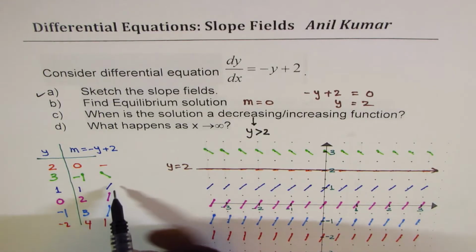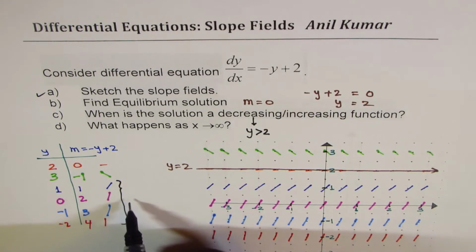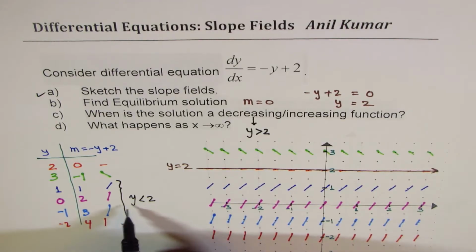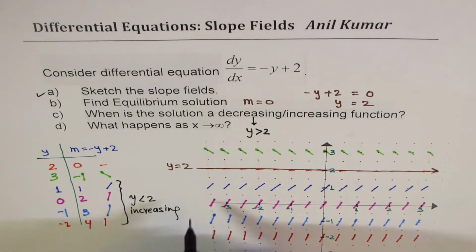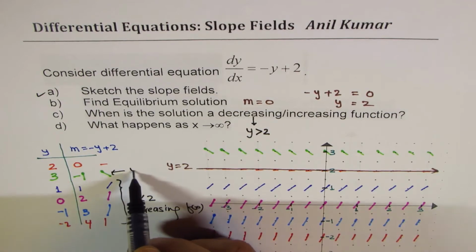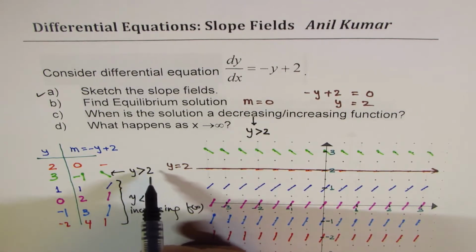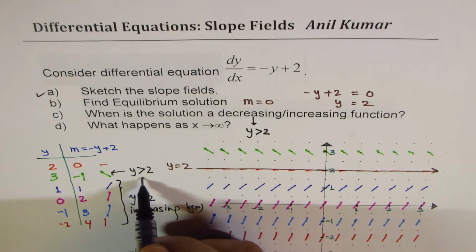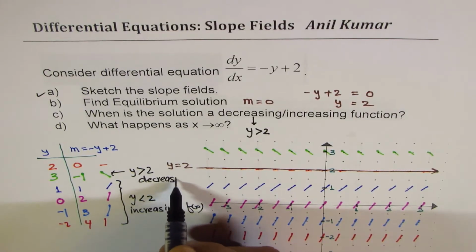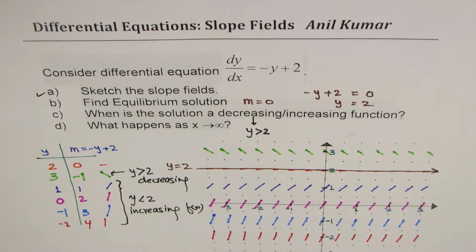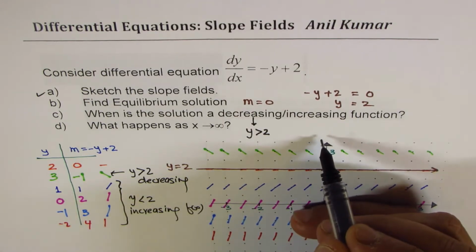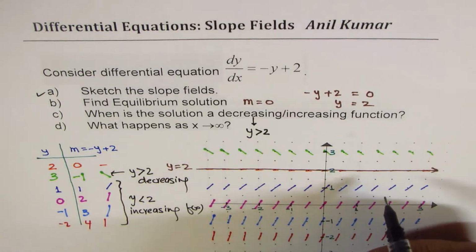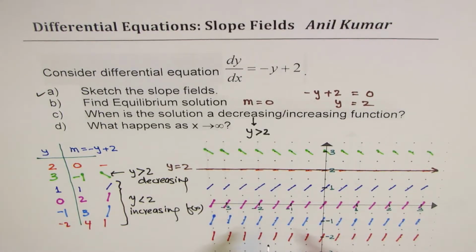So where y is less than 2, we have an increasing function. But if y is greater than 2, in that case, we have a decreasing function. Decreasing because the slope is negative. So if I go to 4, it'll be more decreasing, correct? That is how it is going to be.